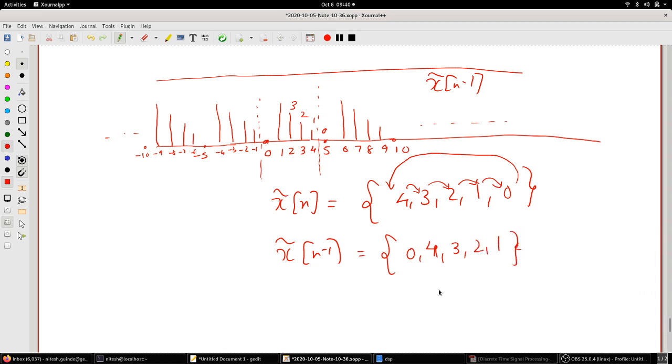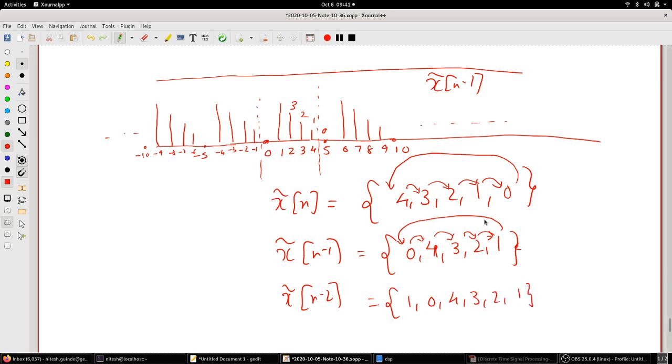So if I do x tilde of n minus 2, what will happen is this guy will start entering from the left and this will shift to the right by 1. So what will happen here is 1, 0, 4, 3, 2.